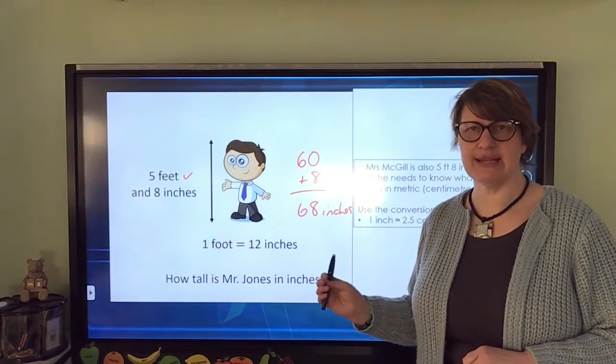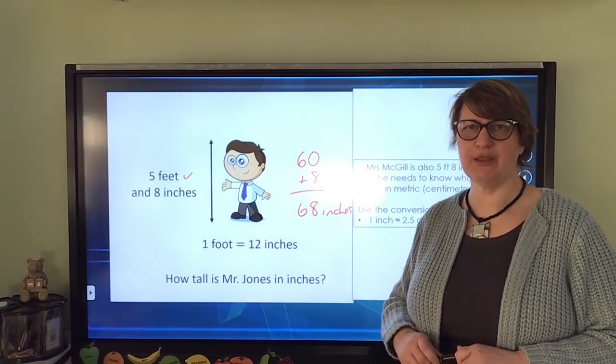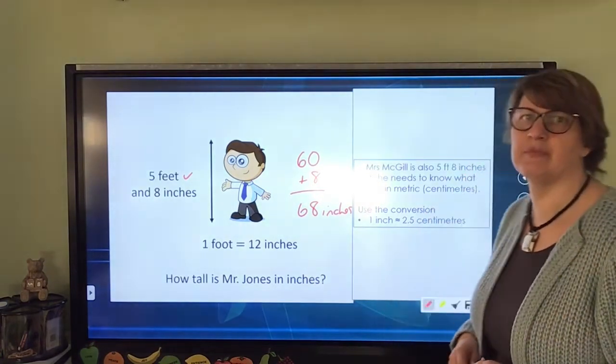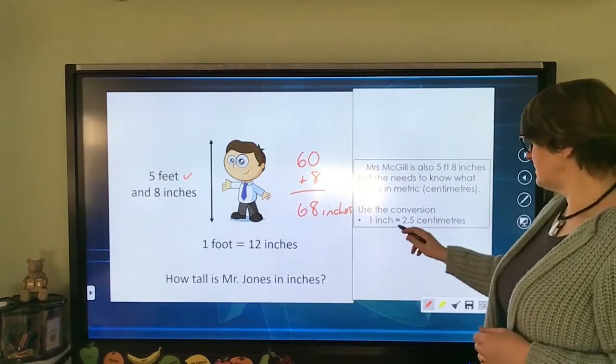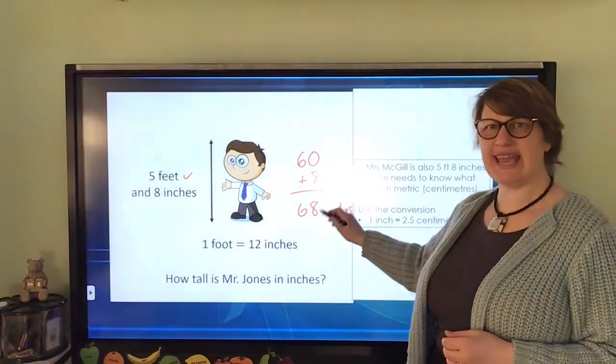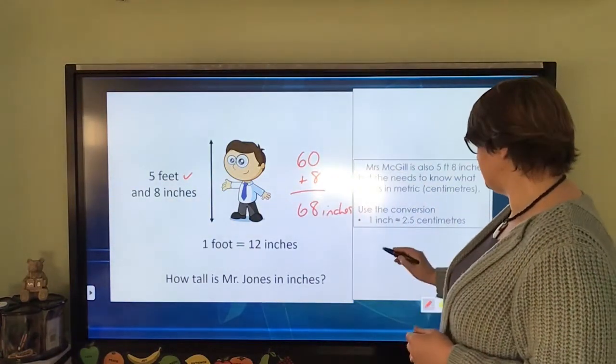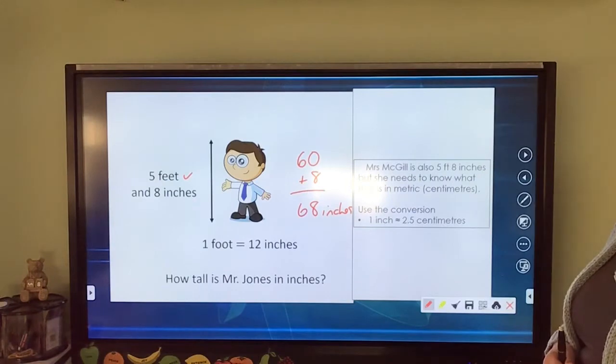Have a go at calculating it, turn back on, and see if we come to the same answer. So if I know that it's 68 inches, and I've got to convert it to centimetres, have a think about how you might tackle this.